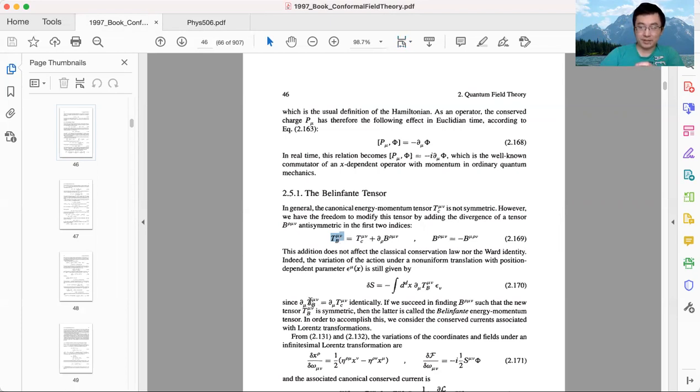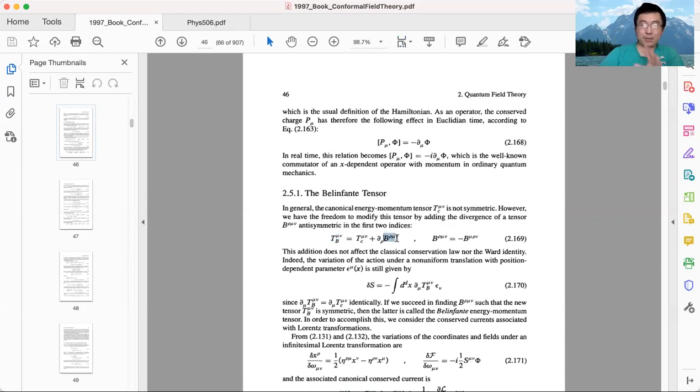It also obeys the same conservation: if partial mu of T C is 0, partial mu of T B is also 0. We can use either to define the energy momentum conservation law. Any one of them will work.